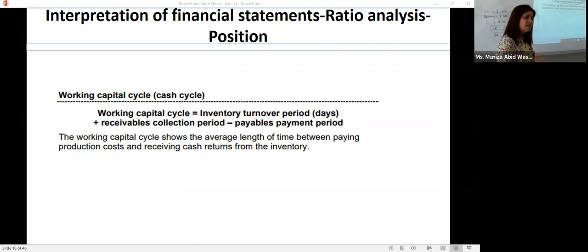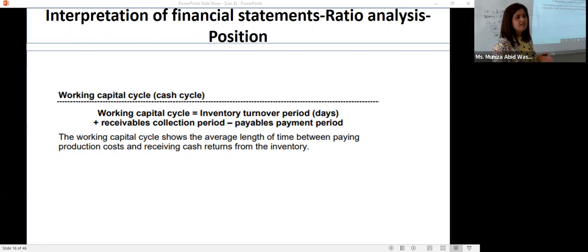This is the time period in which the company's cash will be coming back to it. Inventory turnover period is the time period in which the inventory is converted into sales. When the inventory is converted into sales, the liquid position of the company is going to increase, or the profitability is going to increase. Receivables collection period is the time period in which the receivables are paying back the company.